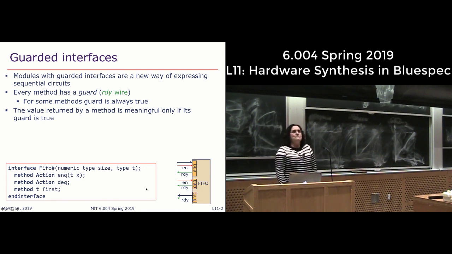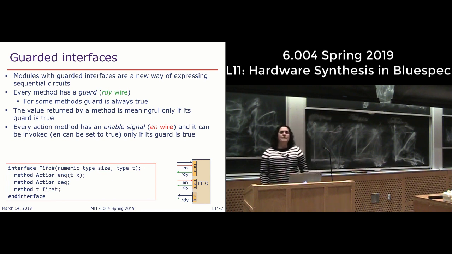Now, it can sometimes be true by default, but otherwise it can be defined by the guard of the method. In addition, every action and action value method is going to have an enable wire. And then the enable wire has to be set to true in order for the action to actually be performed, but it can only be set to true if the guard is also true.